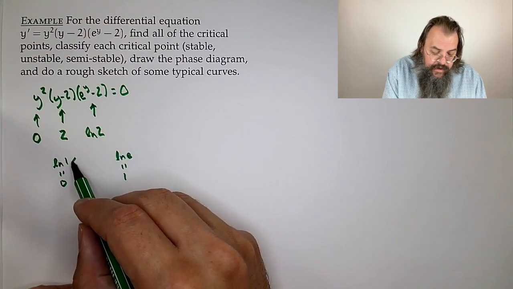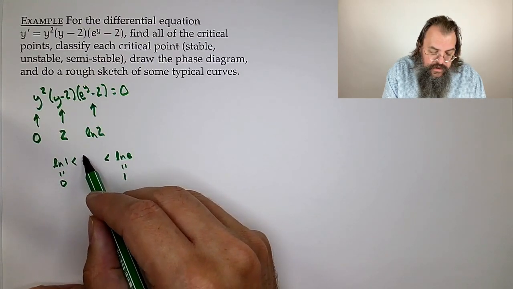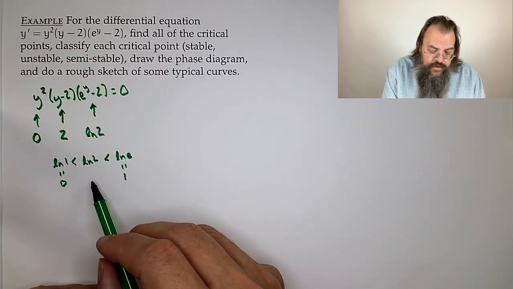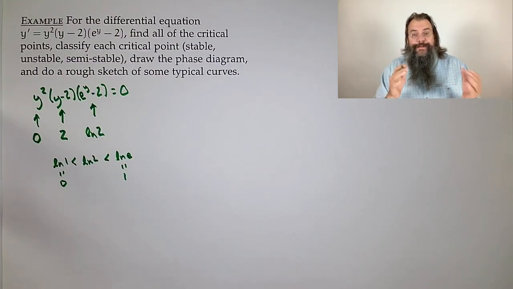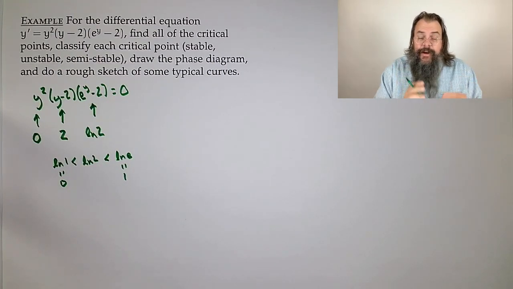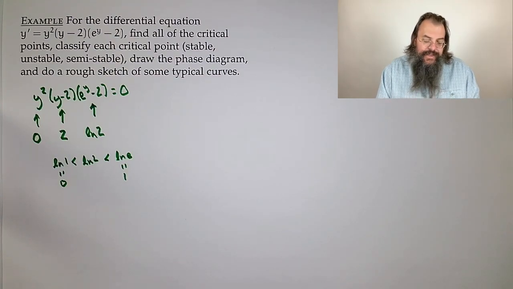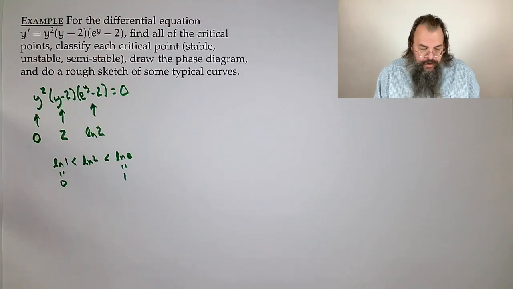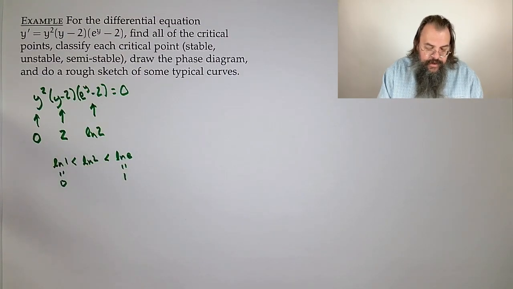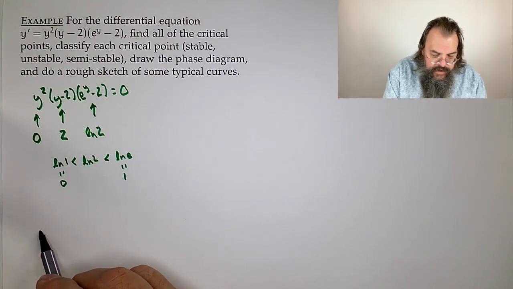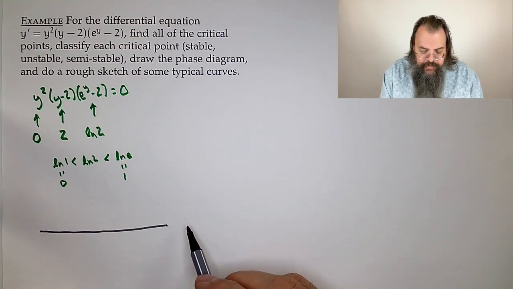And log is an uphill function. So that says that log of 2 is somewhere between 0 and 1. And that's true. So great, we now know where our critical points are, so we can start drawing the phase diagram.